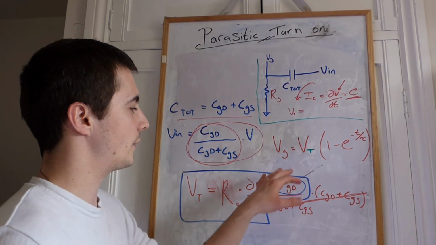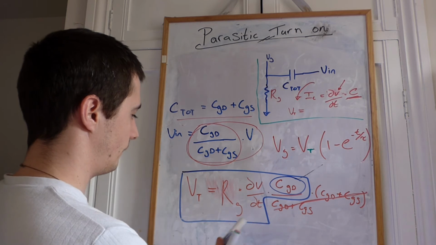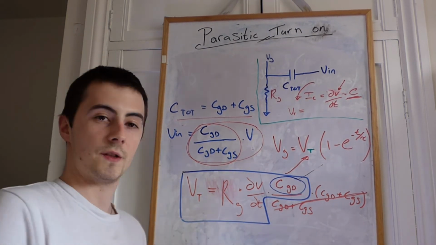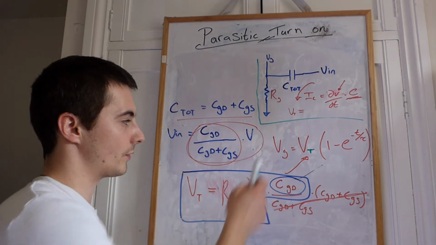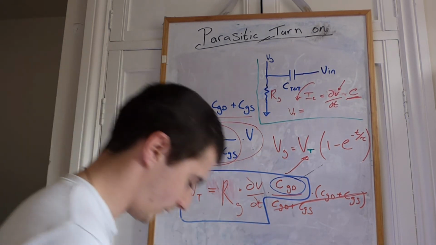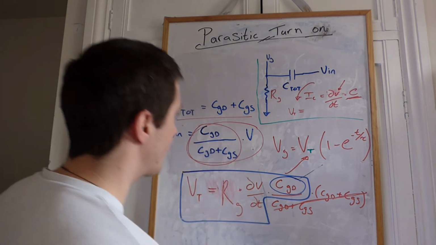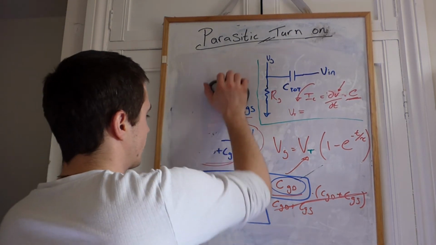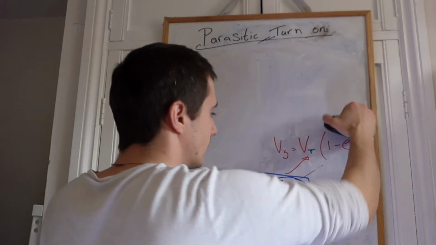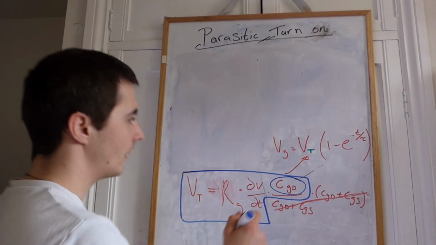And what we can do then is substitute this into here, and that will give us an equation that we can plot to look at the gate source voltage of a MOSFET. So what I'll do is get rid of this, and I'll write it at the top.